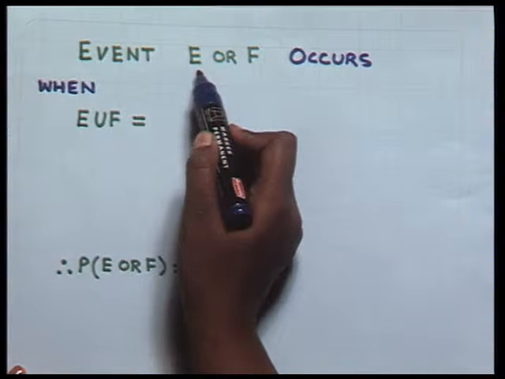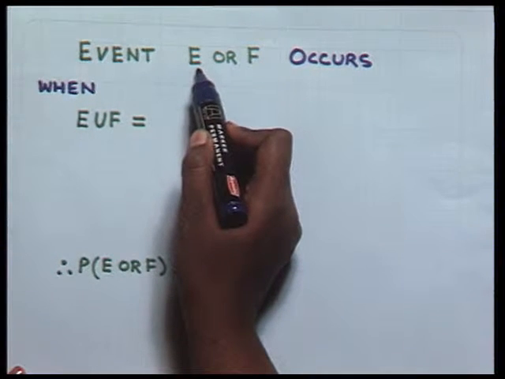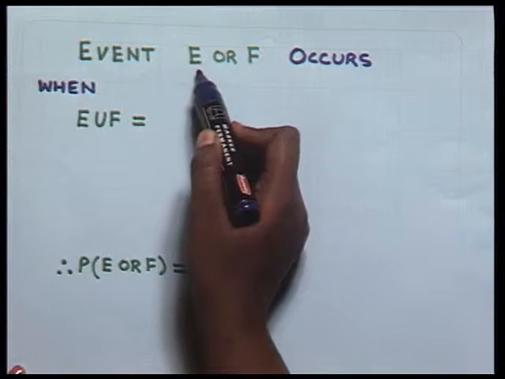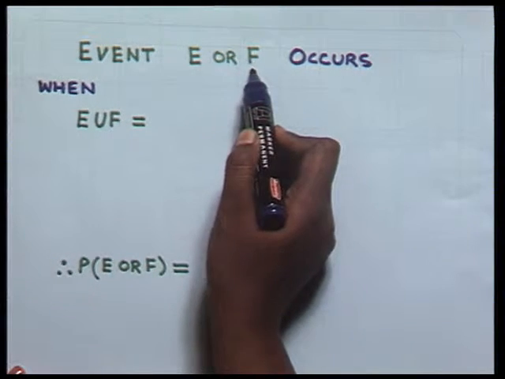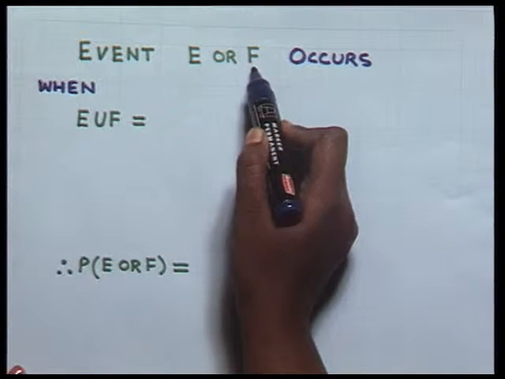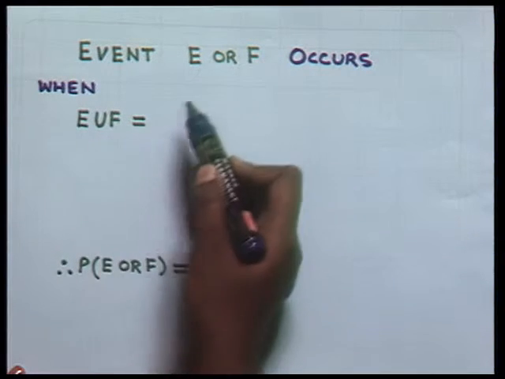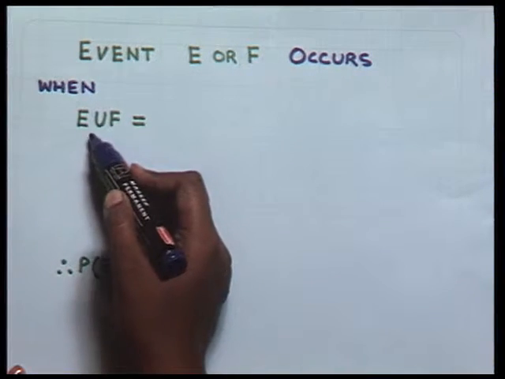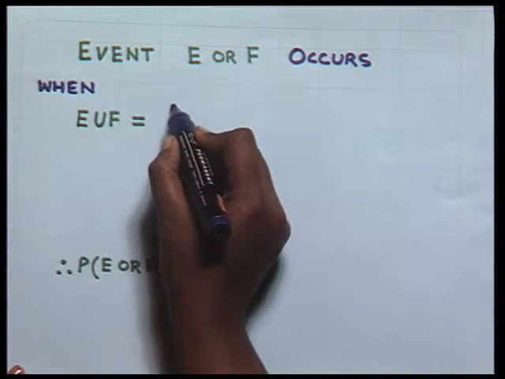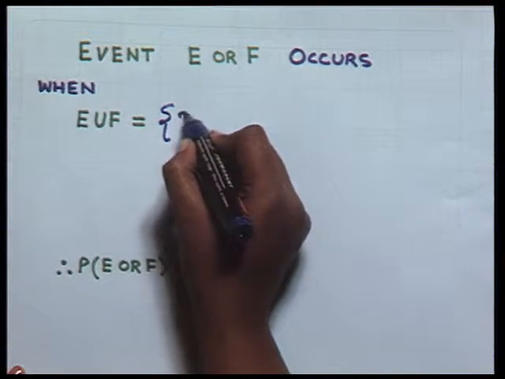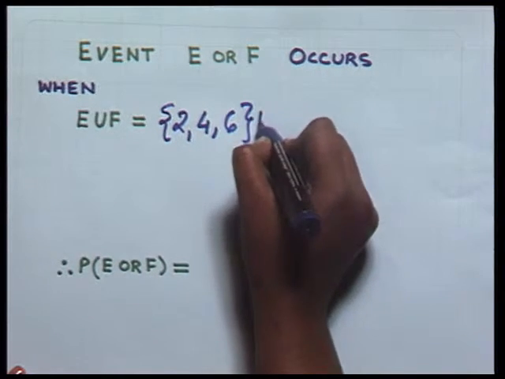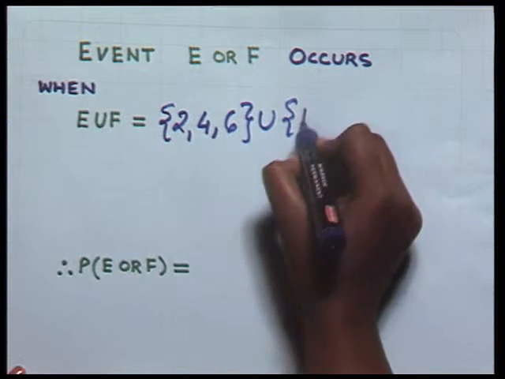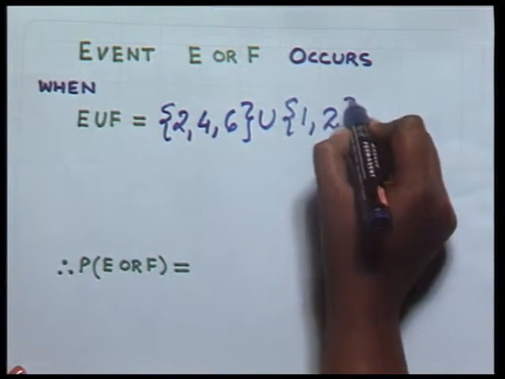Now, let us find out the subset for this event E or F. We know that the event E is defined by the subset having the elements 2, 4 and 6. Event F has the outcomes 1 and 2, and therefore, the subset for the event E or F will be E union F, which will have the outcomes 2, 4, 6 union 1 and 2.